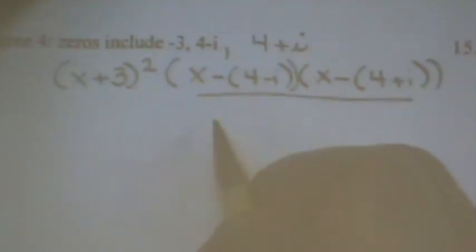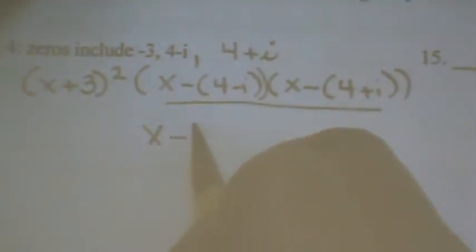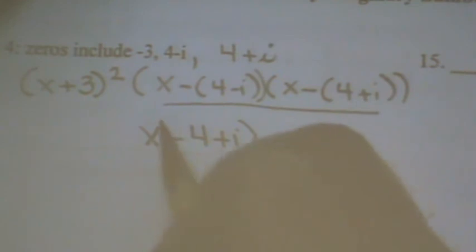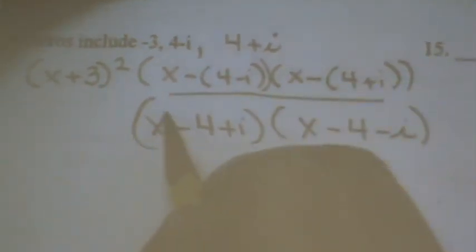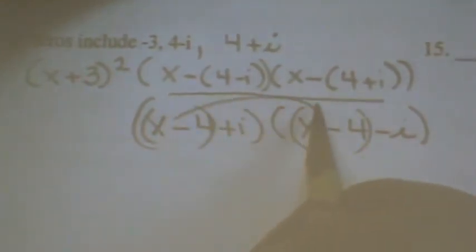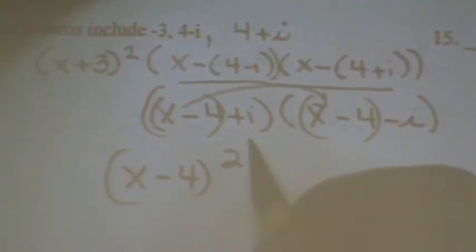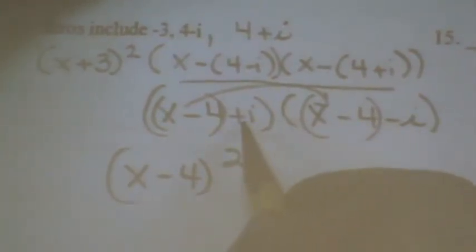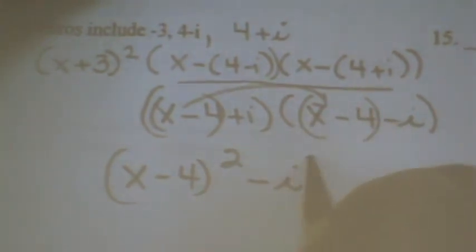Now, you are going to have to, for me on your test, get rid of these i's. How do you do that part? Well, what we did in class is we distributed the negative, x minus 4 minus i. We regroup these so we can FOIL it easy. If you multiply these two together, you get x minus 4 quantity squared. The next 2 cancel out because it's the difference of 2 perfect squares, and then you do i times negative i, which is negative i squared.